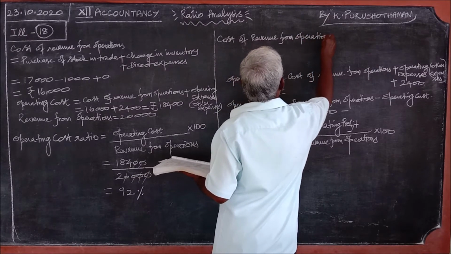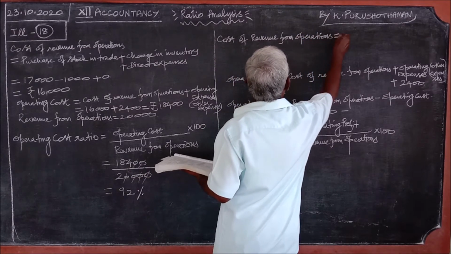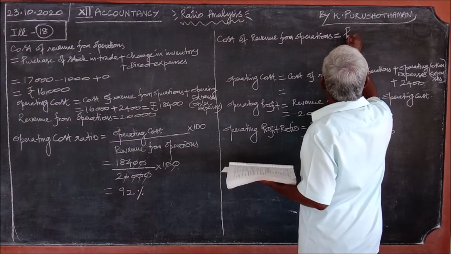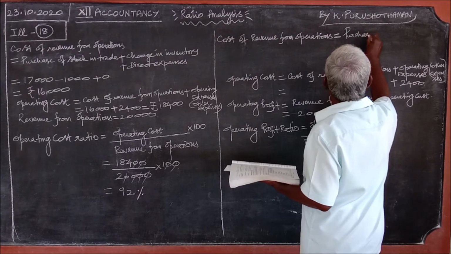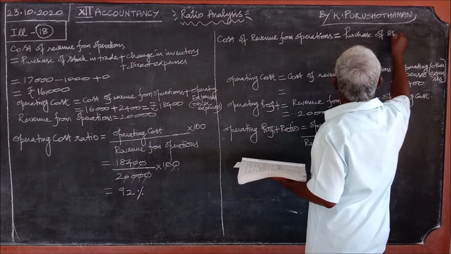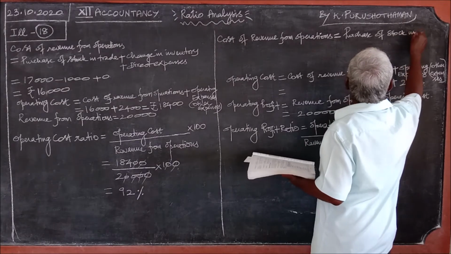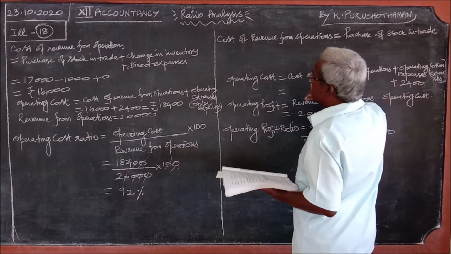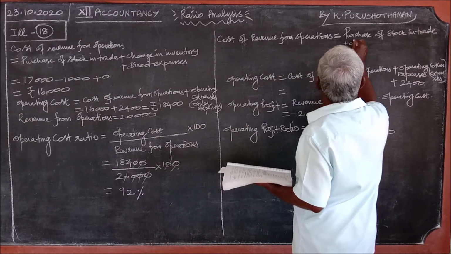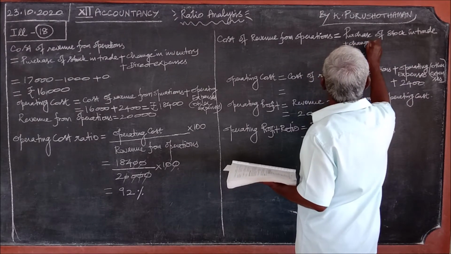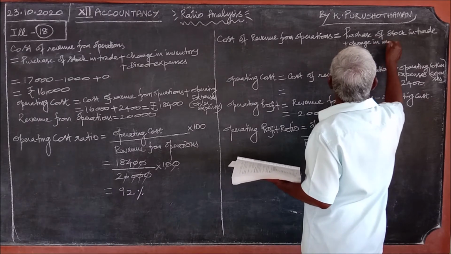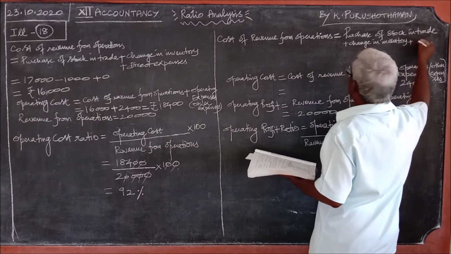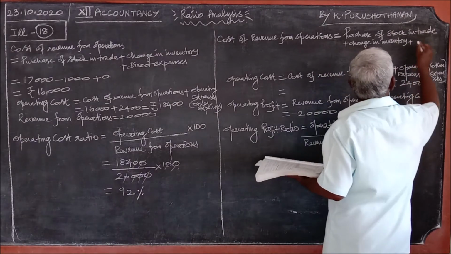Cost of revenue from operations is equal to purchase of stock in trade plus change in inventory plus direct expenses.